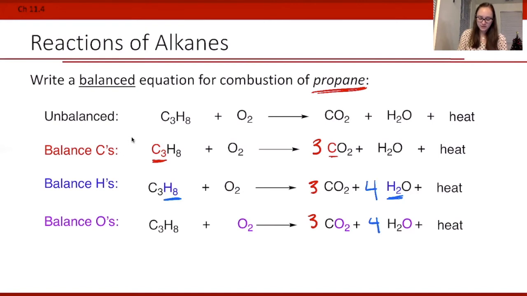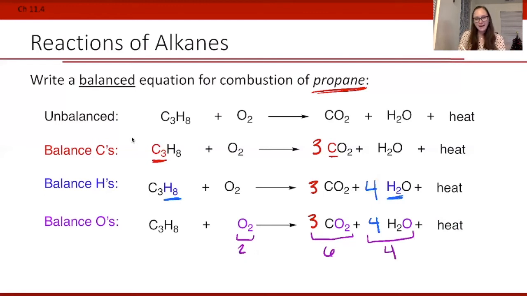And then the oxygens are the hardest part. On this side of the equation, we have 2 oxygens. However, over here, we have to take into account the coefficients that we found for the carbons and hydrogens. Here we have 6 oxygens, 3 times 2, and with the water, we have 4.